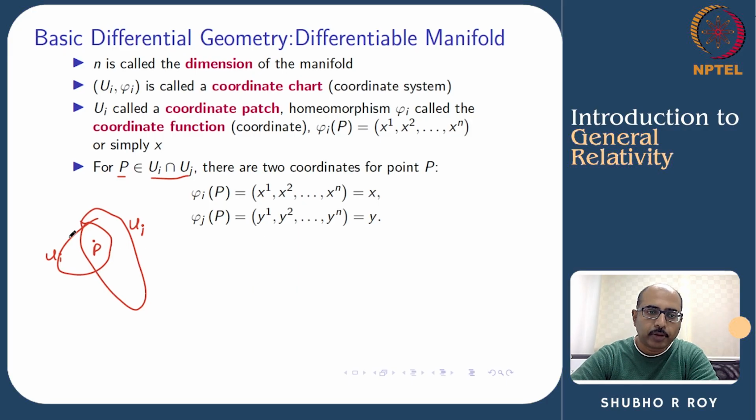Now, because P lies in UI, the homeomorphism phi I will assign to P a coordinate x, and because P also happens to lie in UJ, the homeomorphism phi j will assign another coordinate to P, which I'm calling y. Now, of course, these are homeomorphisms, so they can be inverted. So P can be written as phi I inverse of x.